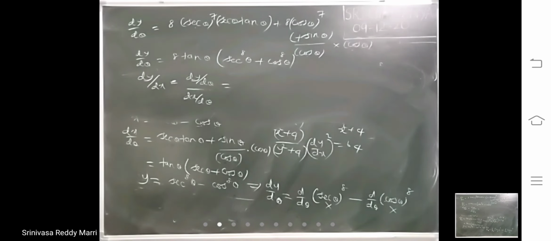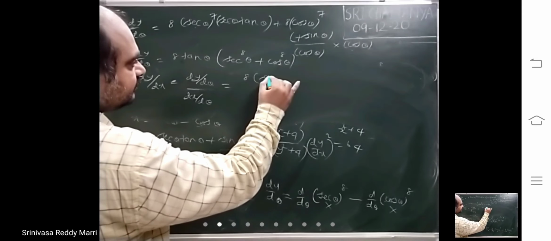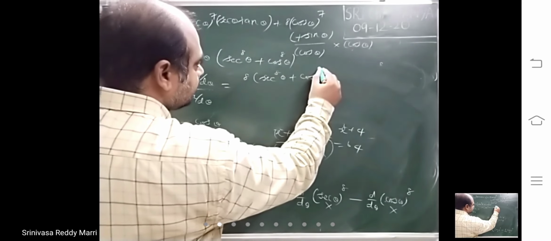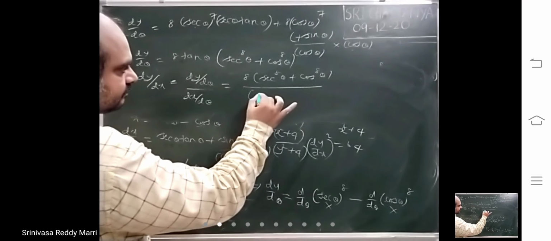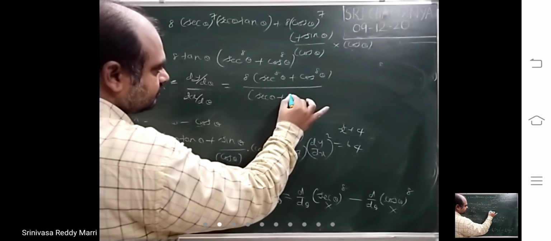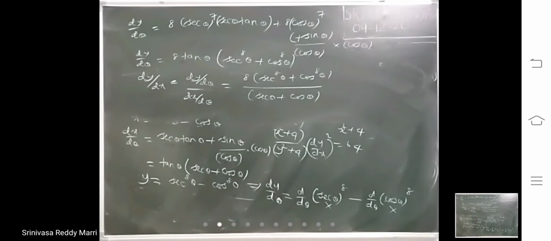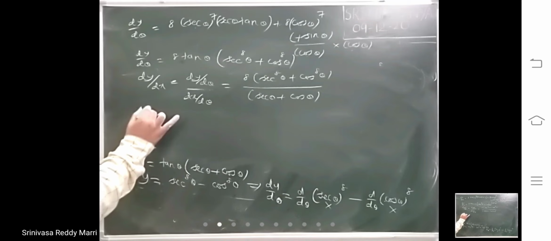That means if you look at here, this divided by this, tan theta will get cancelled. 8 into secant power 8 theta plus cos power 8 theta divided by secant theta plus cos theta. What he is asking is dy by dx whole square, so you write dy by dx whole square.